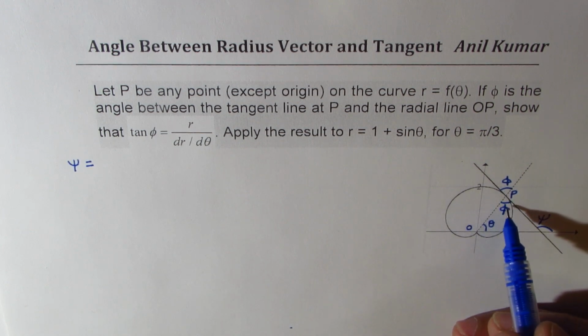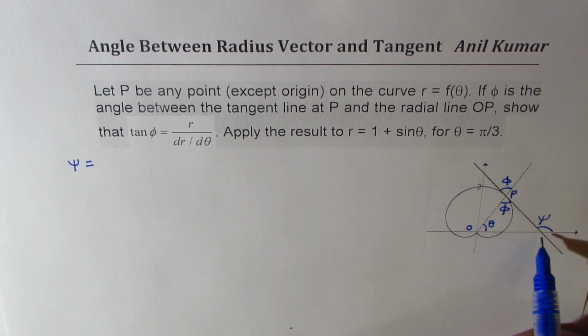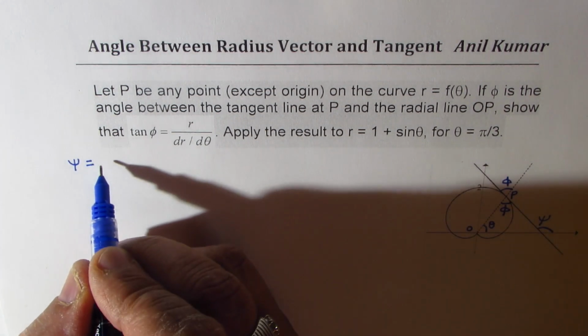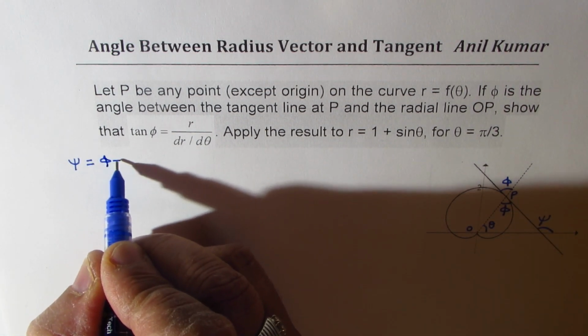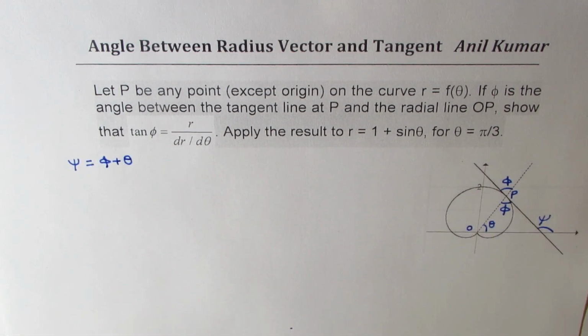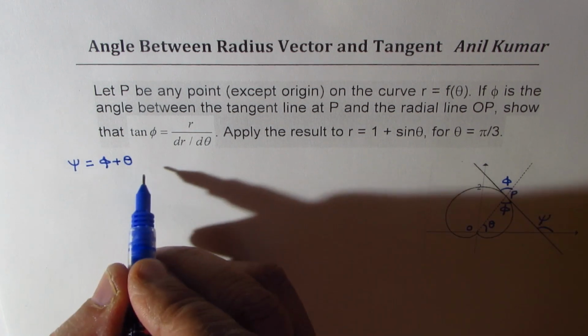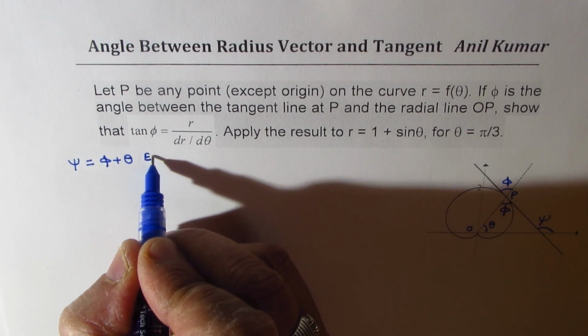So these are two vertically opposite angles. They are always equal. And in a triangle, the external angle is equal to the sum of interior angles. Therefore, psi is equal to phi plus theta. This is what we get from the external angle.